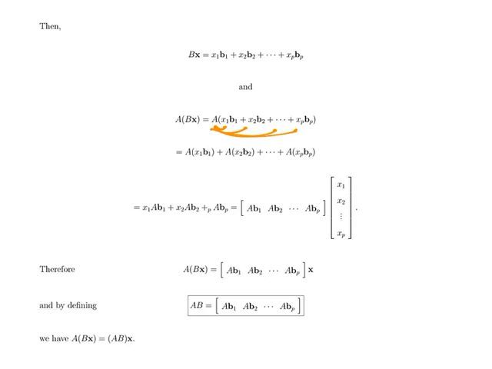And then, since we have scalars, x1, x2, all the way to xp, those are just numbers, we can bring those out in front of vectors or of matrices. So I could write this as x1 times all of these vectors, and that would be another way to write A times b1 plus A times b2, all the way to A times bp.